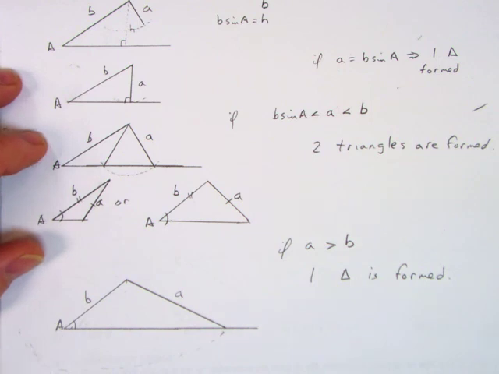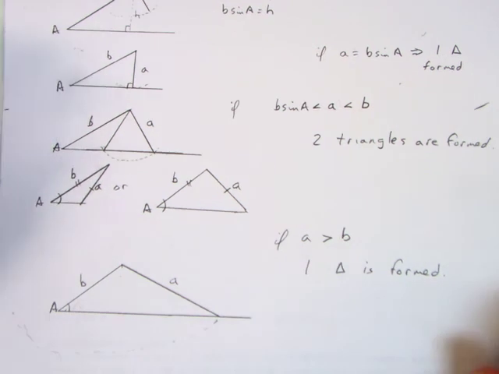And that is why SSA is not a theorem, because it's not giving us one unique triangle. We have to be very aware of this when we're solving problems, because it won't be told to you, you have to determine if there's one, two, or zero triangles formed. If there are two triangles formed, you must find all the information for both triangles. And on the next video, I will go through an example of that.